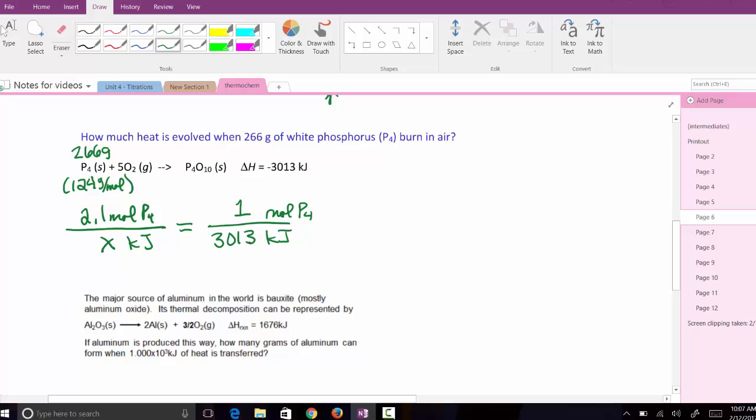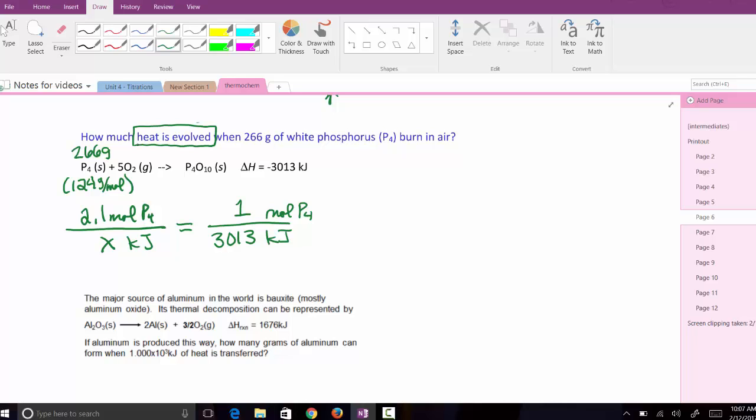Now, pay attention here, because in your quest problems, a lot of times the sign of your energy will be implied in the problem. So here it says how much heat is evolved. That means they are just wanting the quantity. I don't need to put the negative sign on it when I put the answer in, because the negative sign is implied.